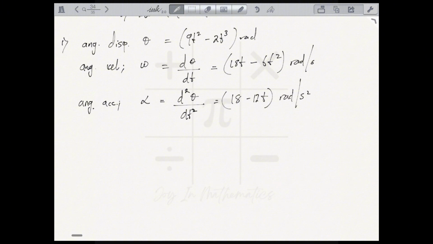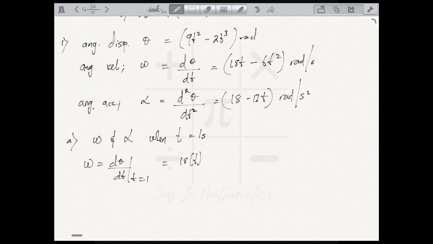Now the first question, A, says determine the angular velocity omega and the angular acceleration alpha of the flywheel when time t is equal to 1 second. So when t is equal to 1 second, omega, which is d theta dt at t equals 1 second, is 18t minus 6t squared.